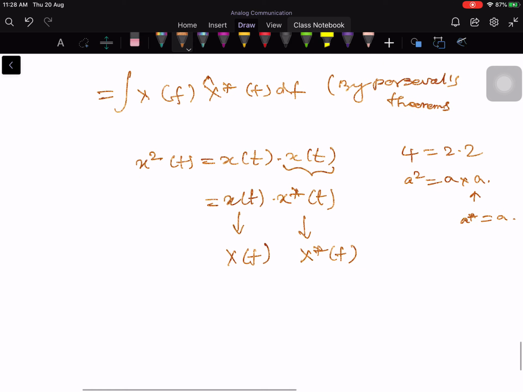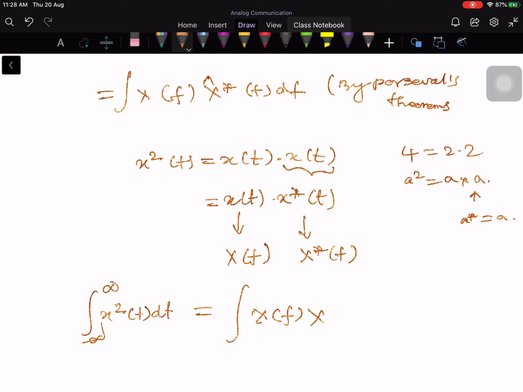Therefore, in the time domain, the energy of the signal is the integral of x squared of t dt from minus infinity to plus infinity. By Parseval's theorem, in the frequency domain also that should be the same: x of f times x conjugate of f times df.